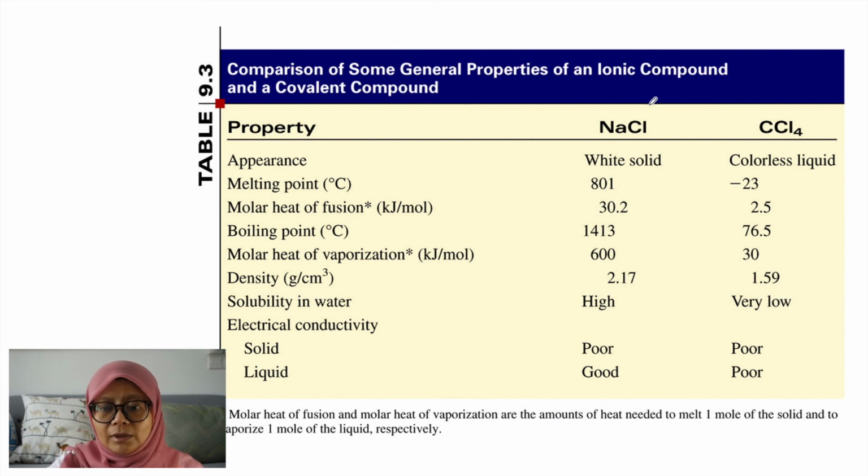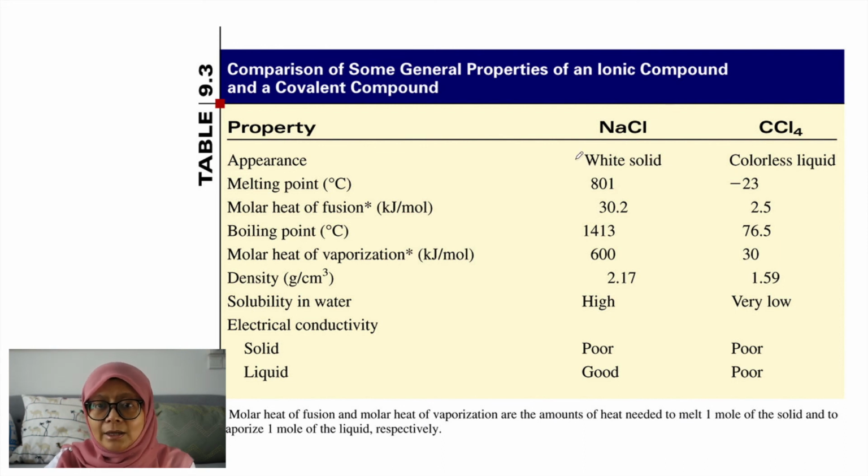So this is an example comparison of some general properties of ionic and covalent compounds. Here we have sodium chloride and tetrachloromethane. The appearance of sodium chloride is a white solid, while CCl4 is a colorless liquid, and the melting point of sodium chloride is 801 degrees C, while for CCl4 it is -23. Why?